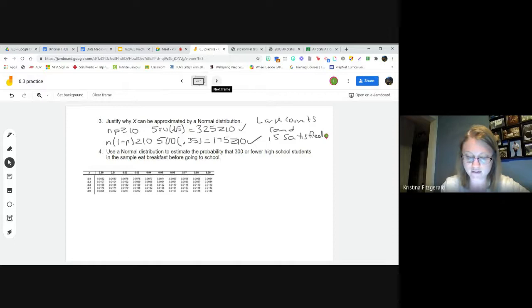We expect 325 successes and 175 failures, both of which are greater than 10. So now I can think about this a little differently. This situation is close enough to a bell-shaped curve. If I was able to plot out all the different chances of having all the different numbers out of 500 who get breakfast, it would follow a bell-shaped curve.